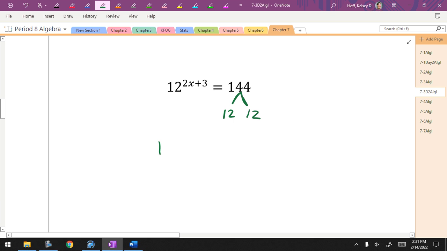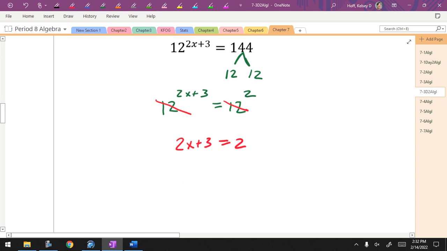So really, 12 to the 2x plus 3 equals 12 to the 2nd. Our bases match. We drop the base. We then set 2x plus 3 equal to 2.